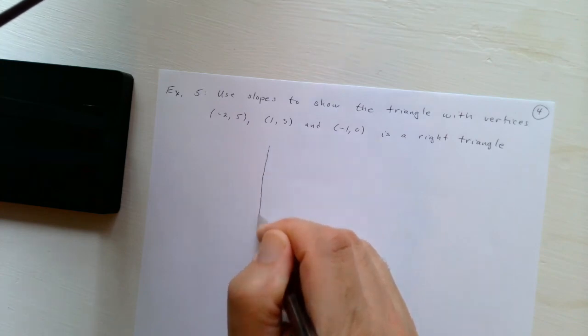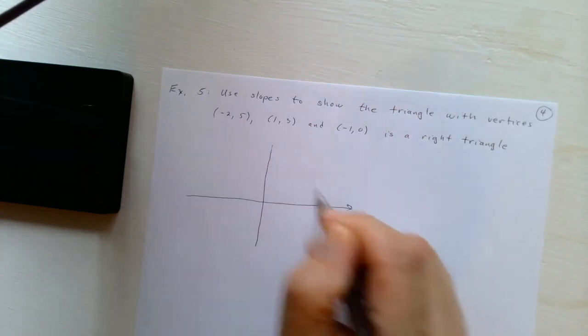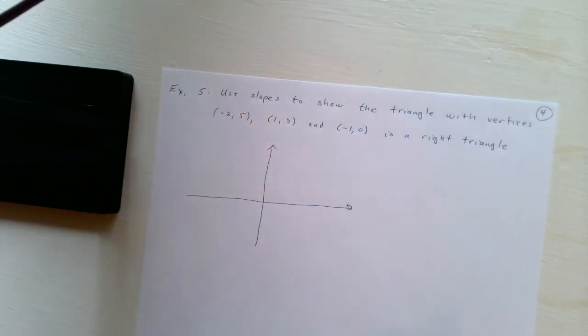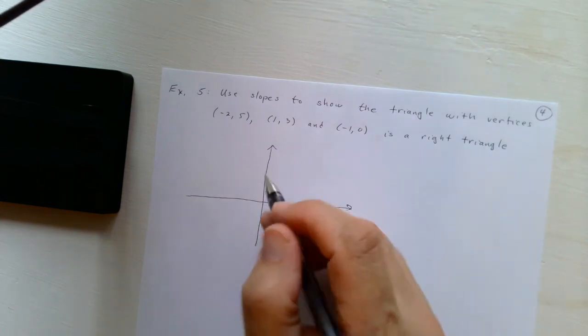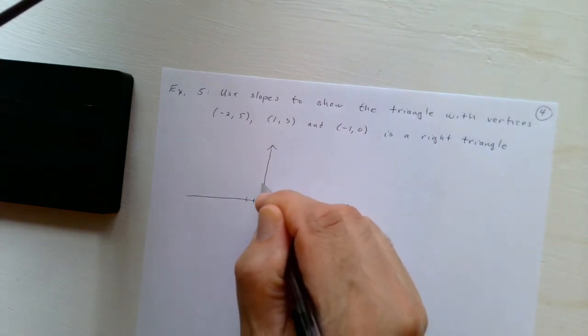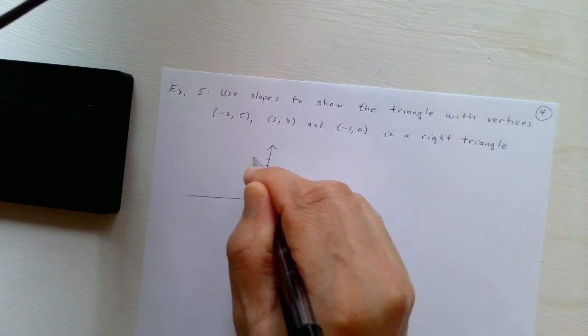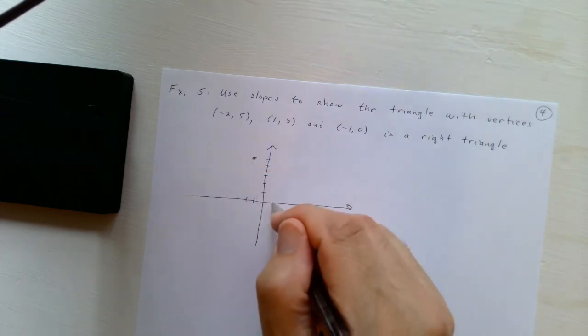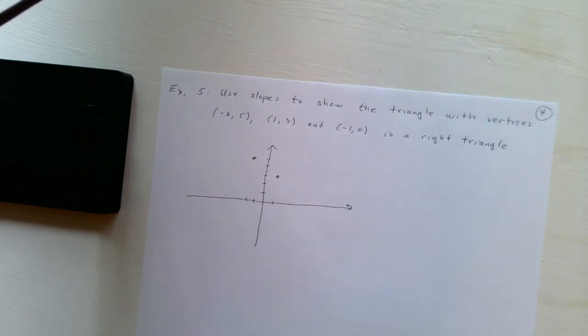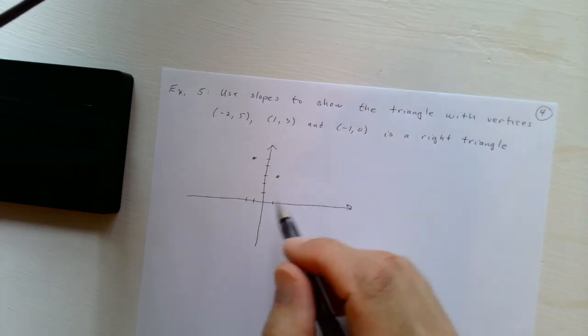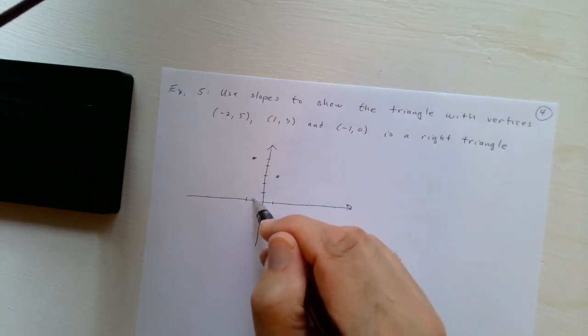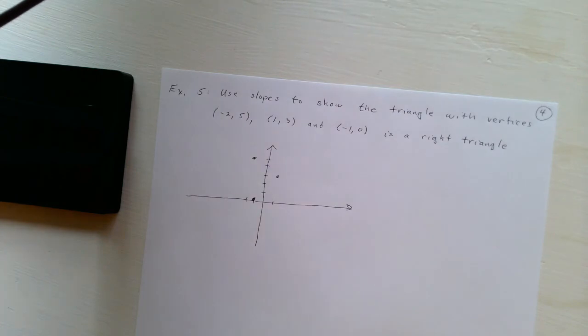So probably easiest to draw a picture. (-2, 5). This point, (1, 3), is this point, and (-1, 0) is this point.